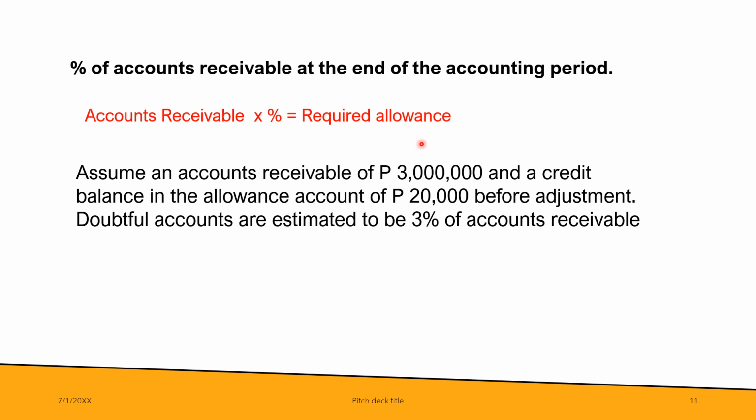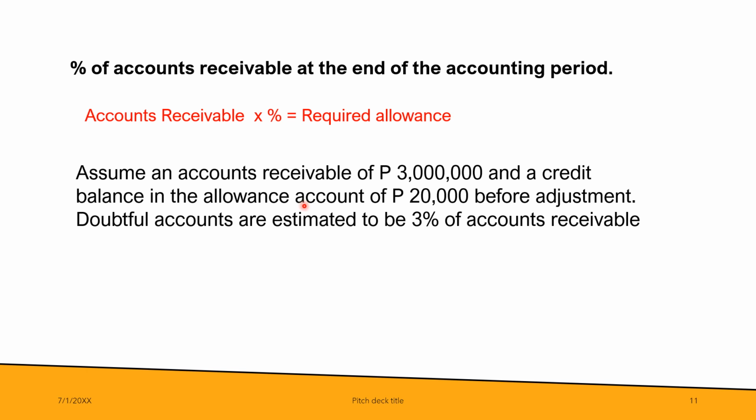However, in this method, you have to take note of the balance of your allowance account before adjustment, and whether that balance is a credit balance or a debit balance. The allowance account's normal balance is a credit balance.